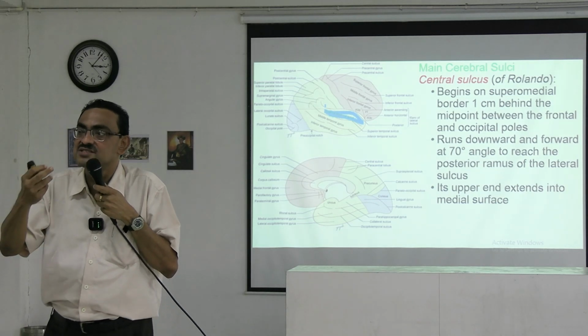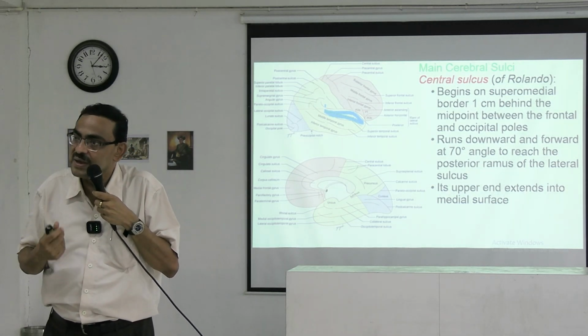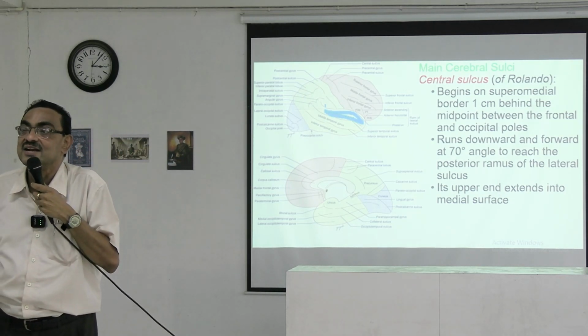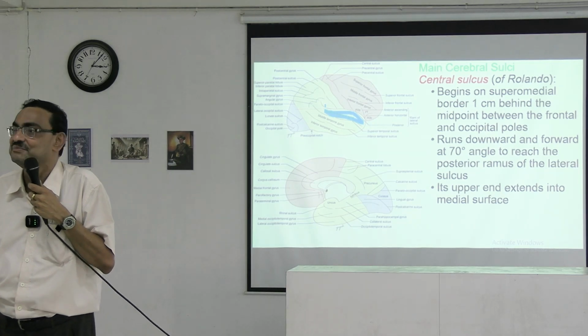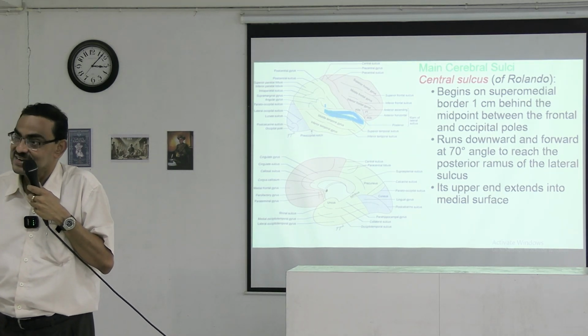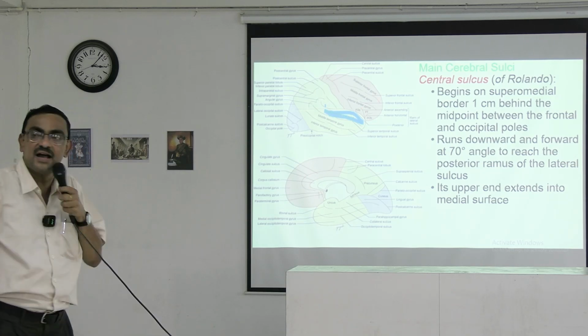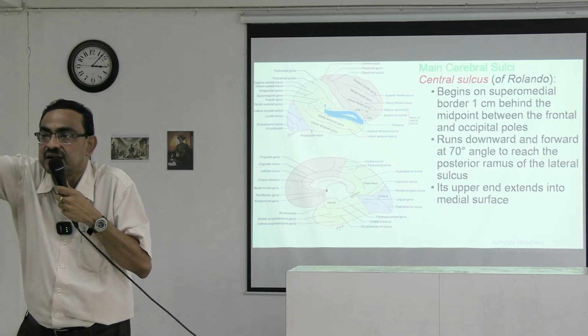So speech has, first, the sensory area of speech, which is area 21, 22, area 39, 40. And the motor area of speech, that is Broca's area, area 44, 45. They are connected with each other by an arc.